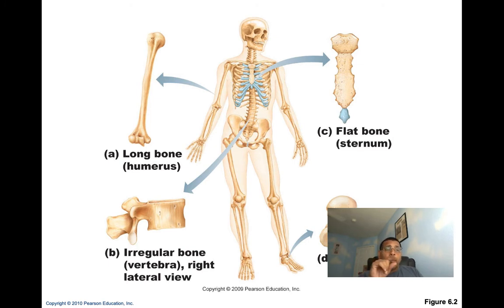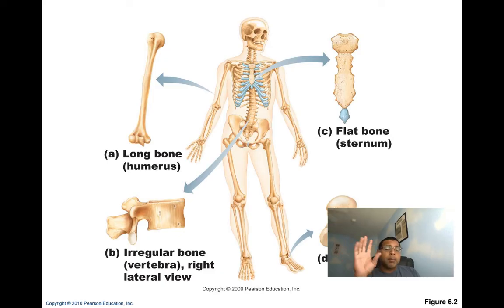And internal to that compact bone in other areas, we'll see red bone marrow, right inside the spongy bone. Or you can have yellow bone marrow, fat, as we have mentioned. That all depends on where we're at and what we're talking about. We'll clarify all that too.